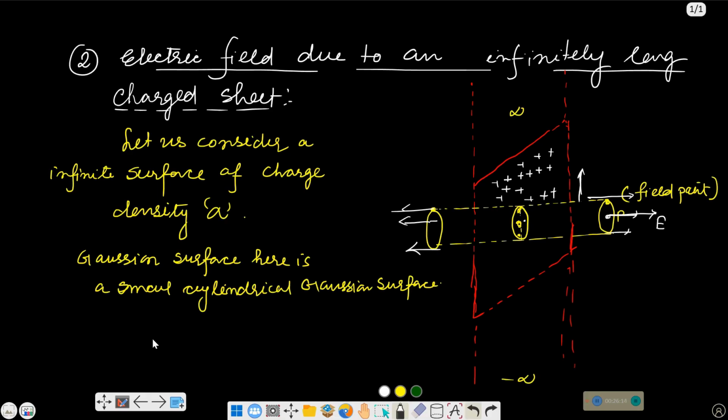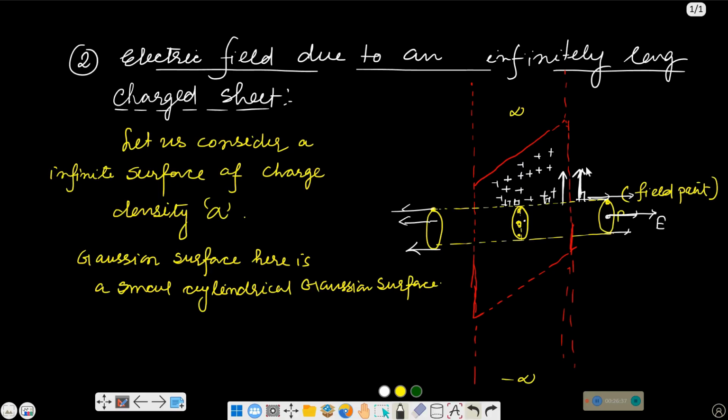So for the cylindrical Gaussian surface, for each and every area element on the cylindrical surface, the area direction is perpendicular to the electric field. So for this, the electric flux will be equal to 0 because they are perpendicular to each other.